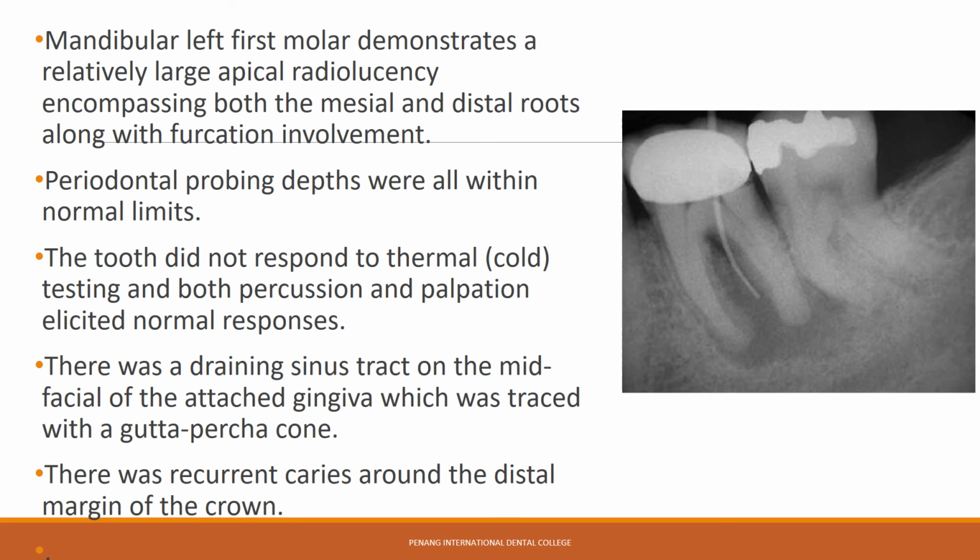Whenever there is a draining sinus tract, what you do is take a gutta-percha cone, which is usually of size 25, and slowly thread it into the opening until it completely goes in and stops, and expose a radiograph. Here, if you see, the gutta-percha cone which has been inserted is going towards the distal root of the molar.